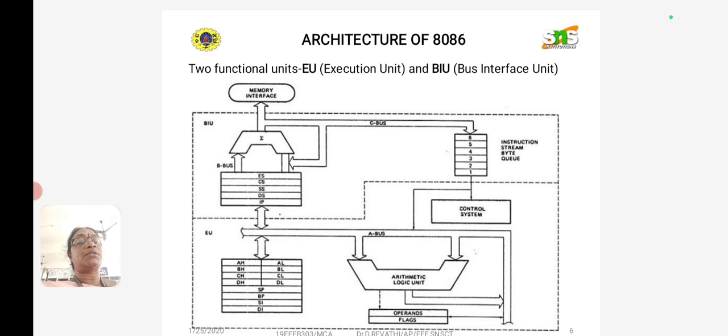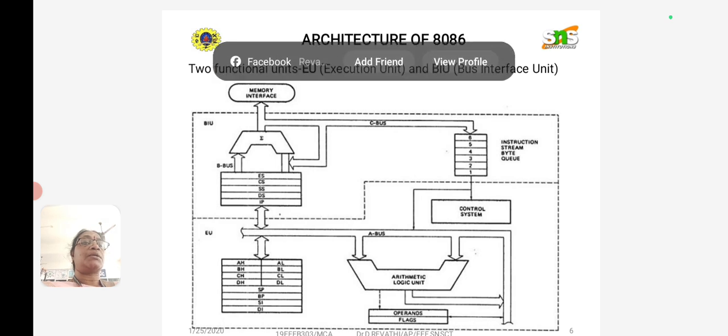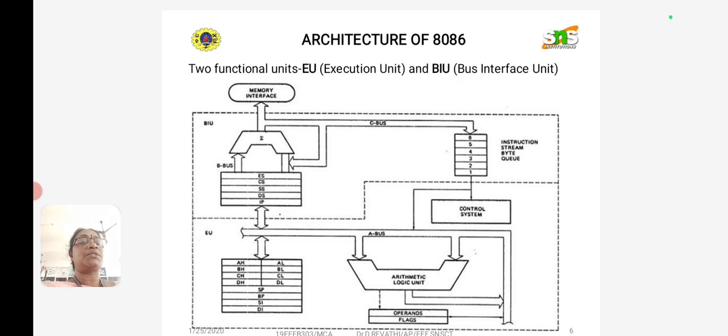Next one is the general purpose registers. Why is it called general purpose registers? It is used by the users, so it is called general purpose registers. Normally there are the A register, B register, C register and D register, and SP the stack pointer, base pointer, and DI the destination index. All these are general purpose registers, right? For example, if you take ADD A, B, that means there are two data: one in the B register and another in the A register.